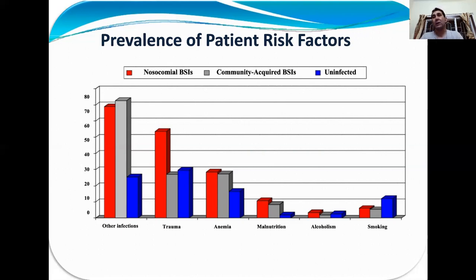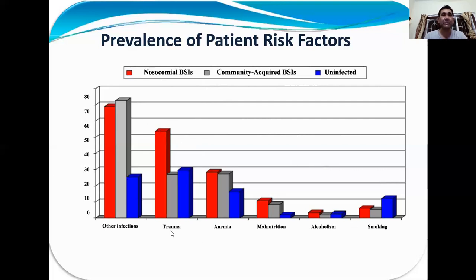The second one is the community acquired infection, and the third one is the uninfected patients. If you see here, the other infection, trauma, anemia, malnutrition, alcoholism, and smoking. These are the 6 types of different patients.